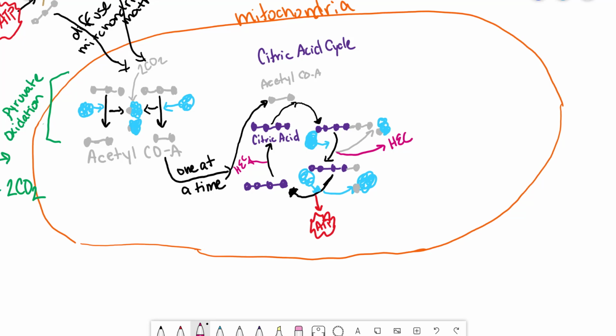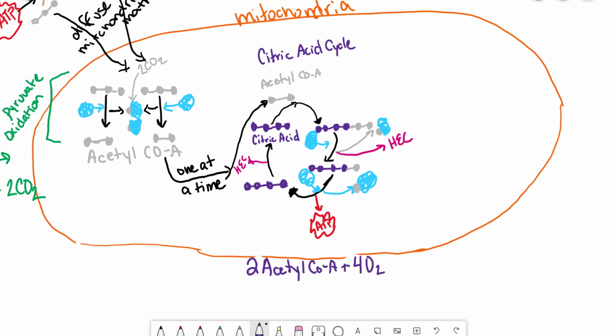So now it's time to make a formula. We started with 2 acetyl-CoA. Now, when I just did this cycle, I only did it for 1 acetyl-CoA. All right, but each acetyl-CoA is going to go through this separately. So we start off with 2, which means we actually used 4 oxygen instead of the 2 you see here, because this cycle is going to go twice.